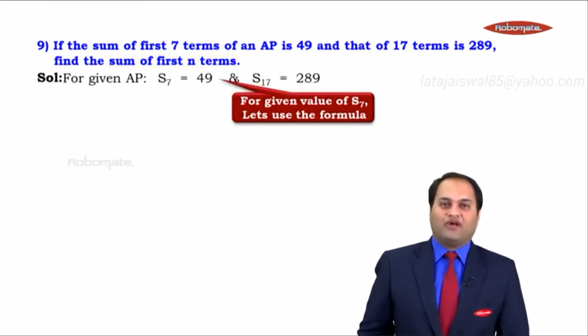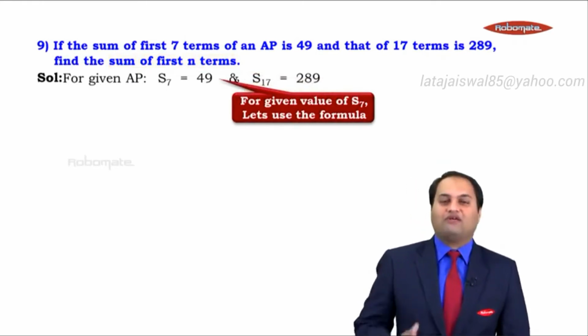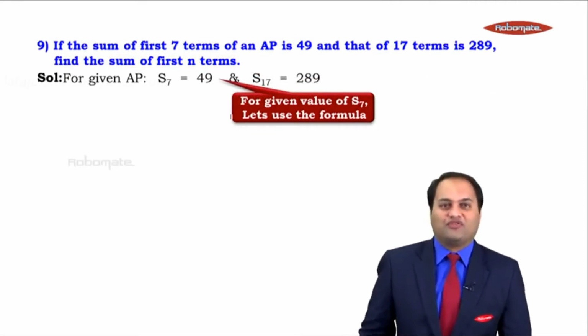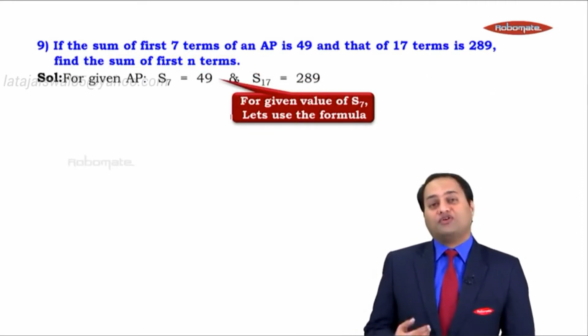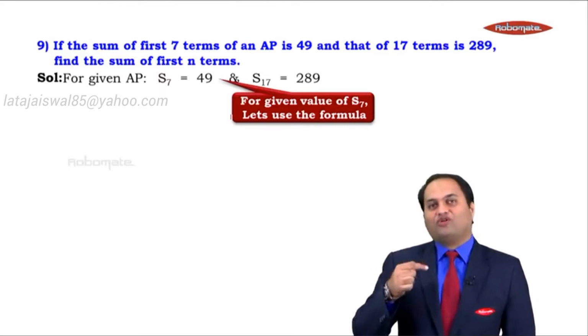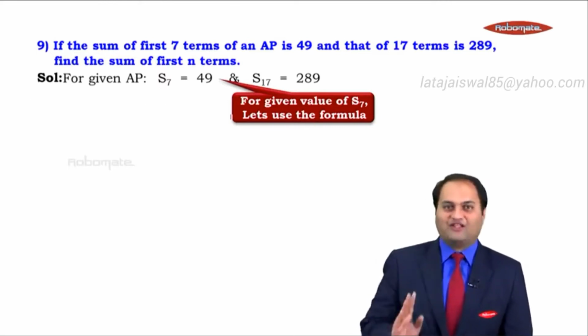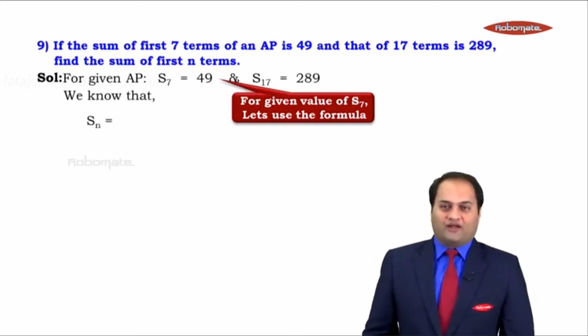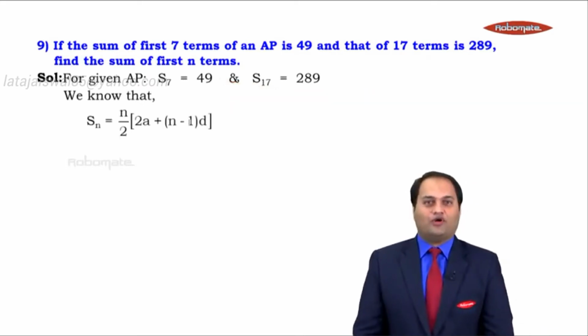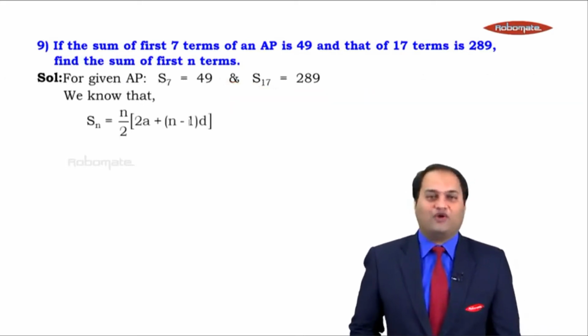Let's start with the very first condition given, that is S7. Let's use the formula for this. Which formula to be used in such sums? Always the first formula, the one involving d. We know that Sn is equal to n upon 2 into (2a plus (n minus 1) into d).